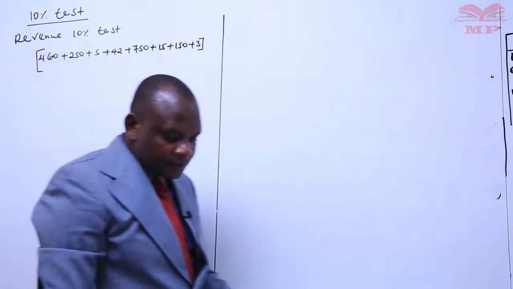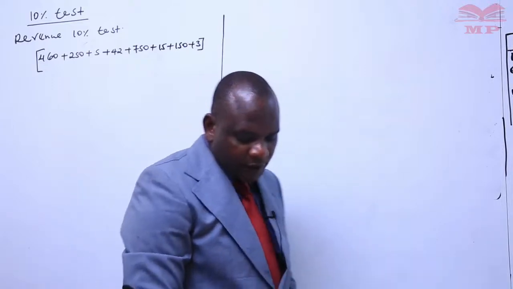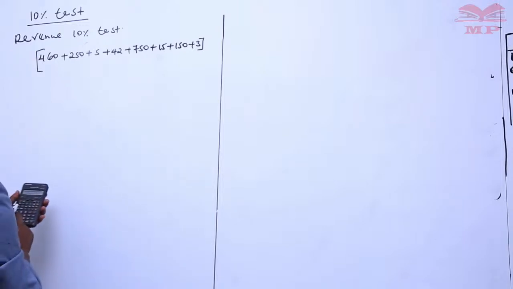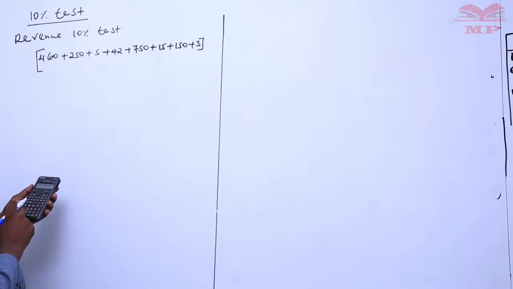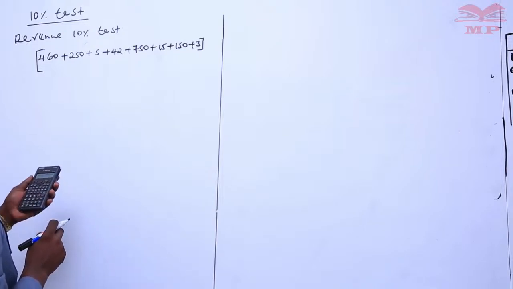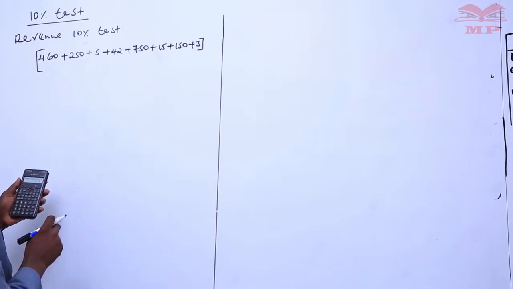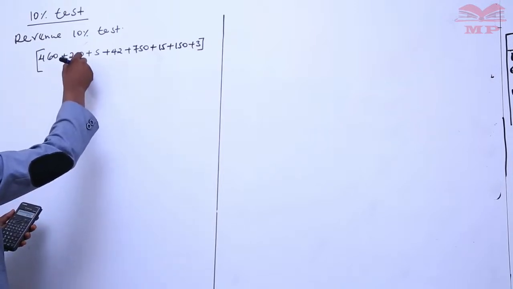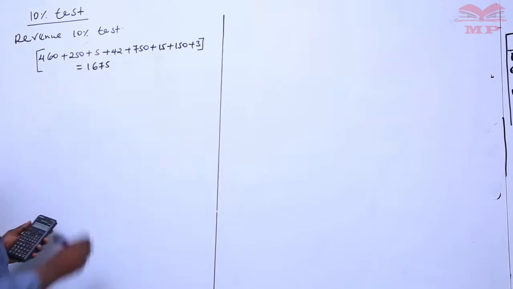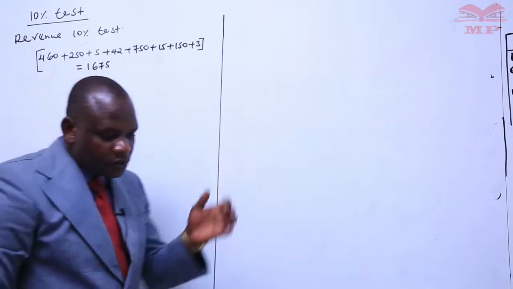That gives us, if we add, 460 plus 250 plus 47 plus 750 plus 15 plus 153. You have there 1675. This is total revenues. 1675 is the total revenue there.